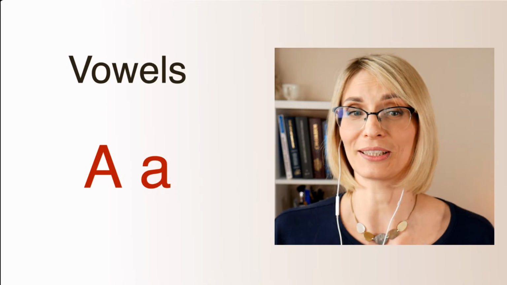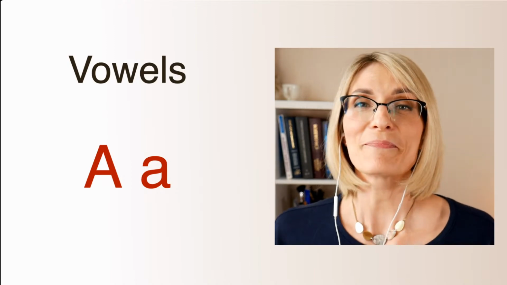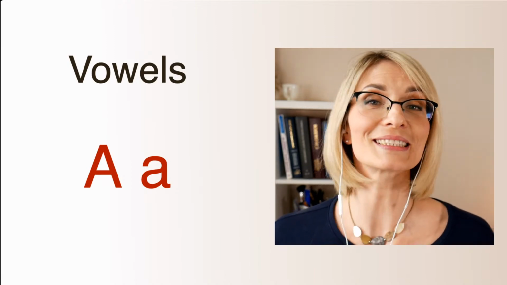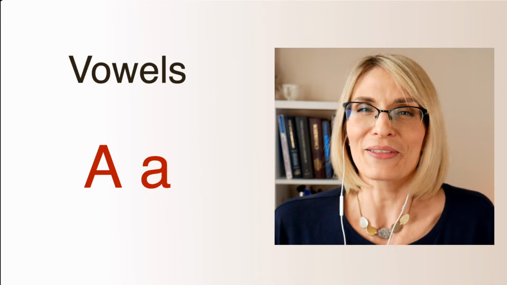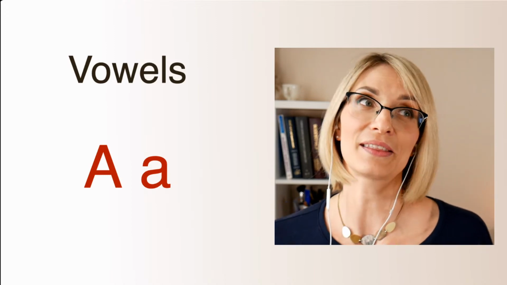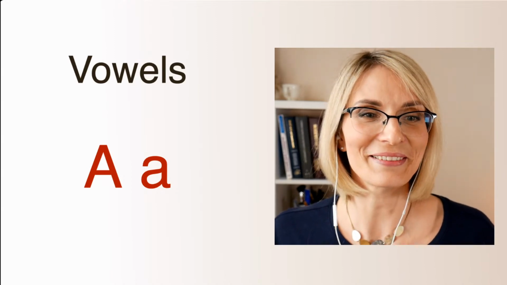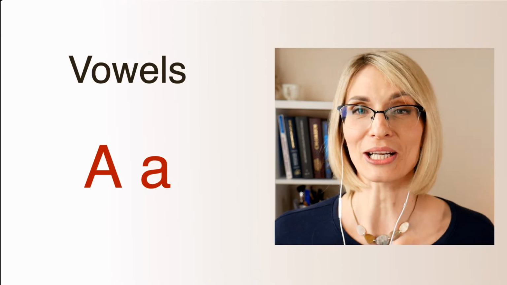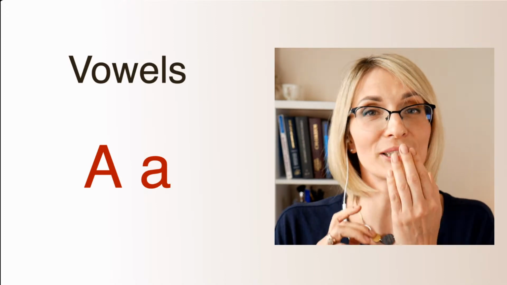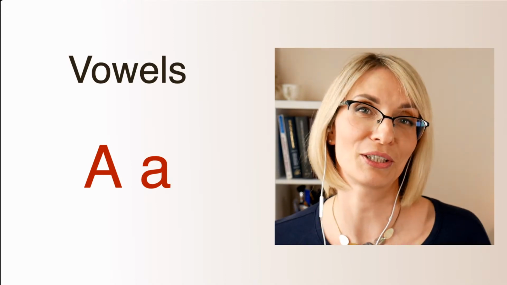I know I'm starting with very simple letters and their pronunciation, but vowels are so important for how you sound in a foreign language. Sometimes people learn the vowel A and think, oh, that's easy, why should I learn this? But there are different types of A. In Russian, A is pronounced with the front part of your vocal tract.